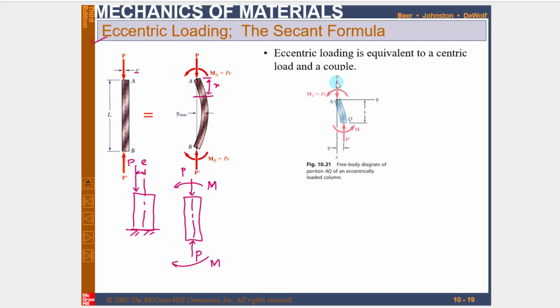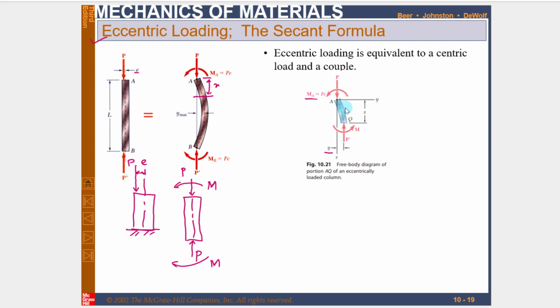This is point A where load P is applied, and X is the distance from point A. Due to this load there will be a deflection, shown over here as Y. Again, P is the eccentric load that was moved toward the center, and we have already given the moment or couple produced due to the eccentric loading.